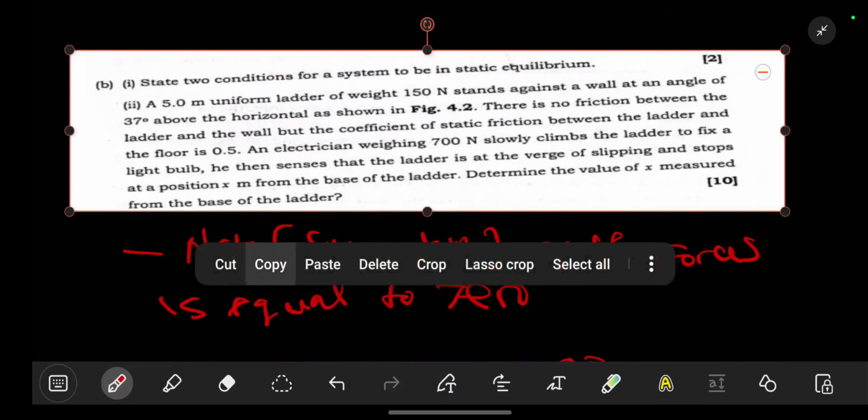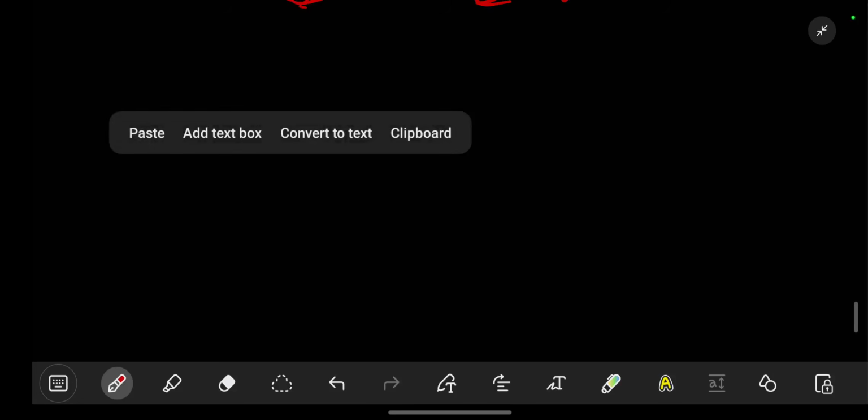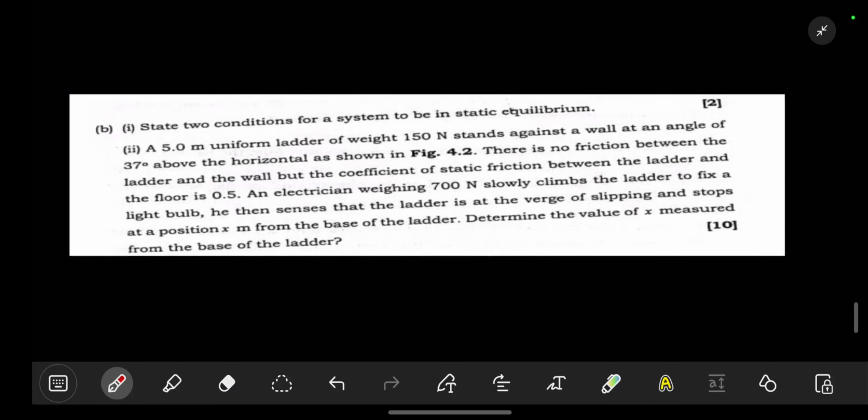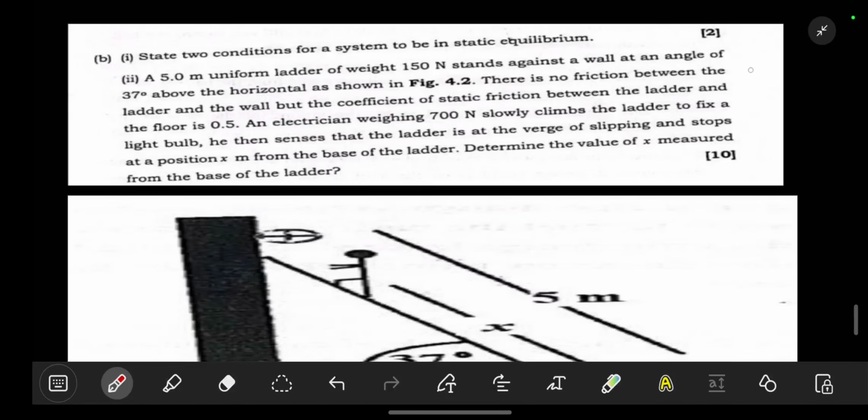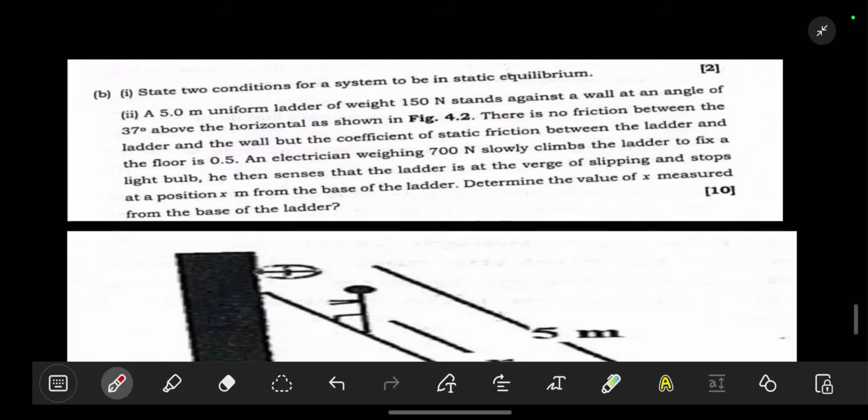Let's look at this last question. We have been told that a 5-meter uniform ladder of weight 150 newtons stands against a wall at an angle of 37 degrees above the horizontal, as shown in figure 4.2.